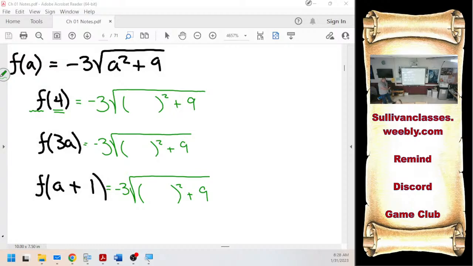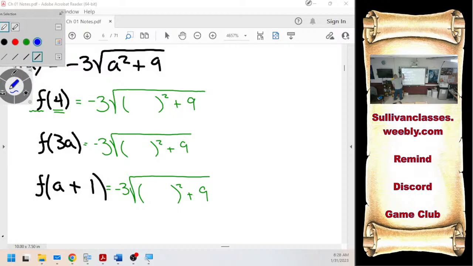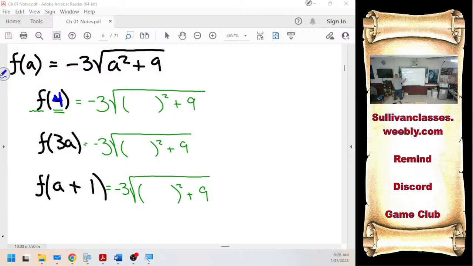f is the name of the function. f of x, f of a, f of 4, whatever it is, it's telling you the input. This is the button I will press. This is the code or machinery attached to that input. So if my input is, here, we'll do purple and yellow for all of our perennial choke artist fans.